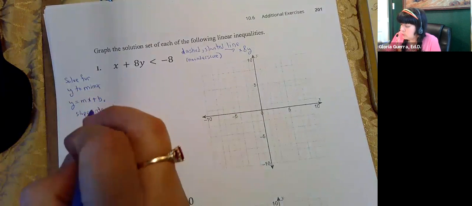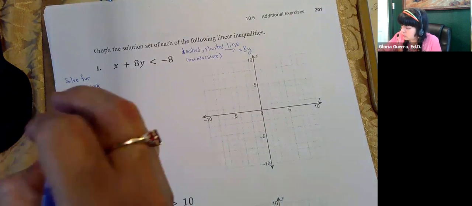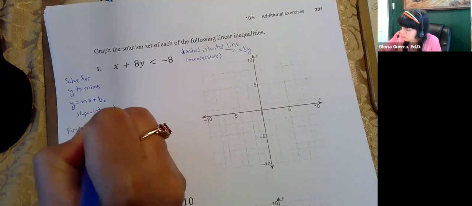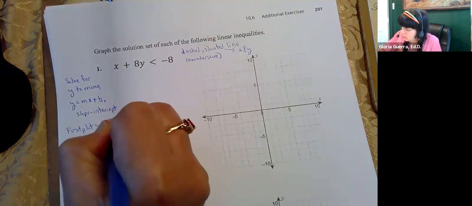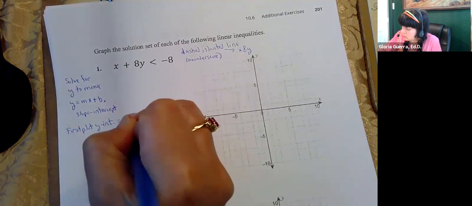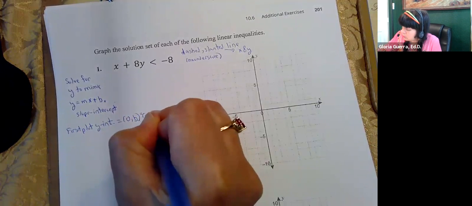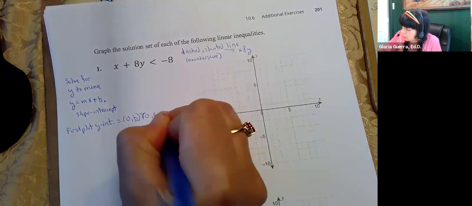So remember, after we solve for y, you have to plot your y-intercept, which is 0, b, your 0 and your constant.